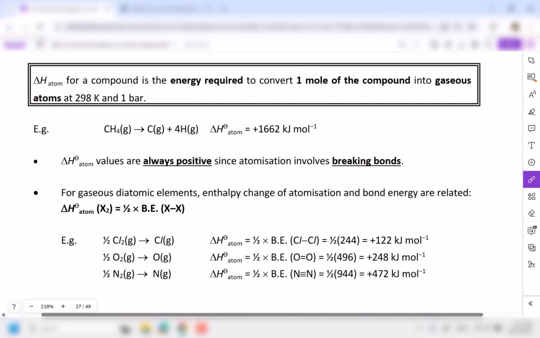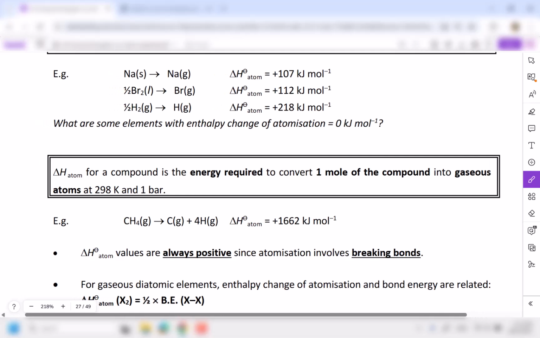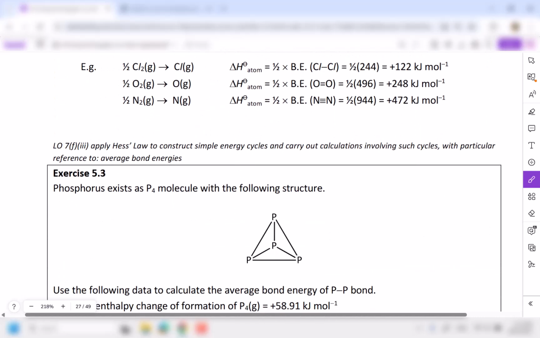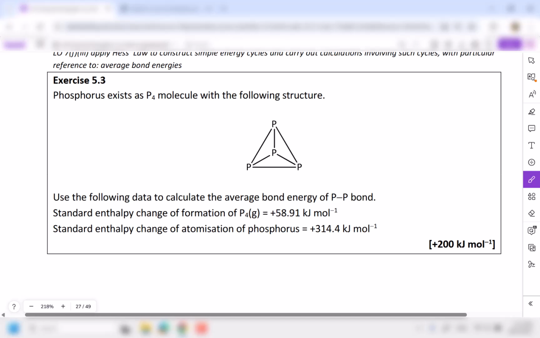For example, for bromine, if you're not given the enthalpy change of vaporization, then you can use half the bond energy of Br-Br as a proxy. But this is a bad proxy lah, because enthalpy change of vaporization is not taken into consideration, so it might be underestimated. Alright, so end of section 5, we have exercise 5.3 for us to work on.